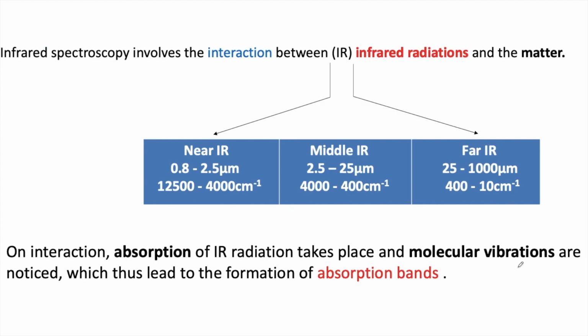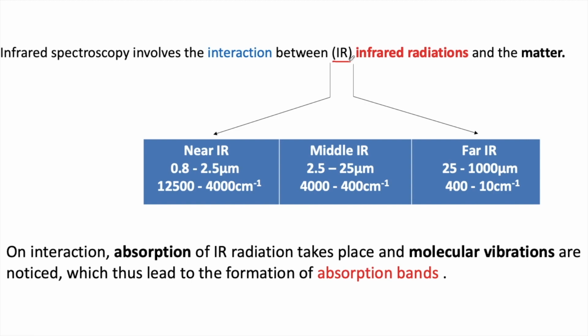Infrared spectroscopy involves the interaction between IR, infrared radiations, and the matter, and the part of the spectrum comprising IR radiations is further divided into three different regions.